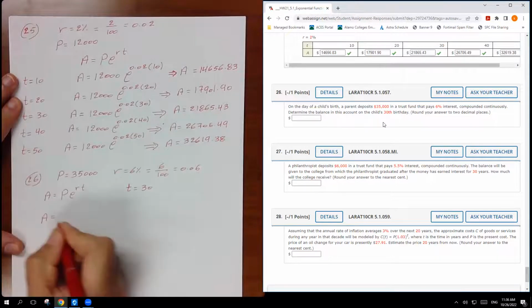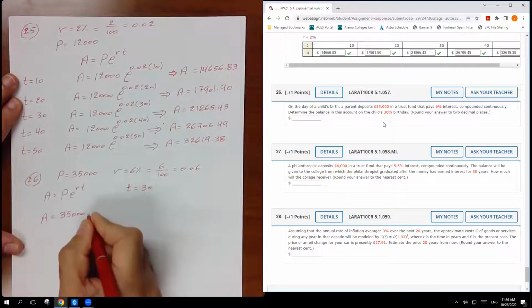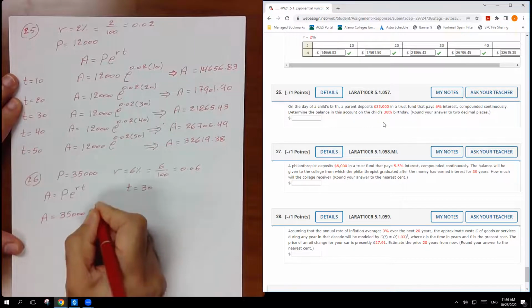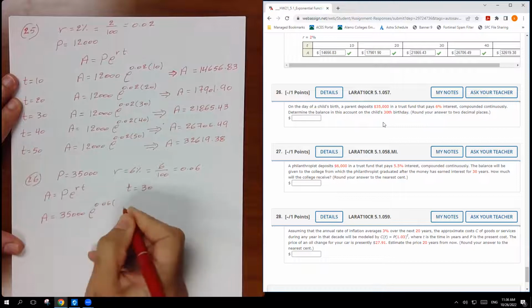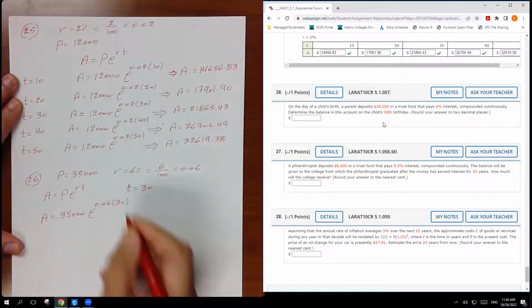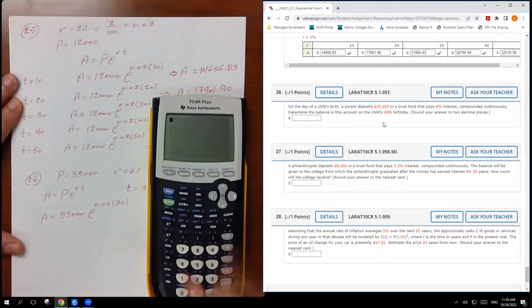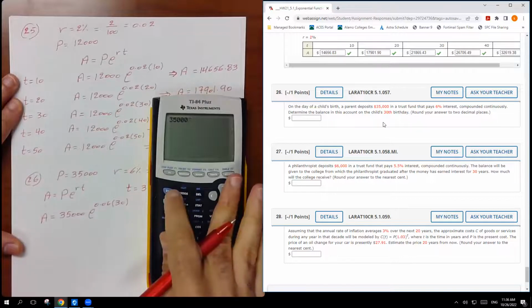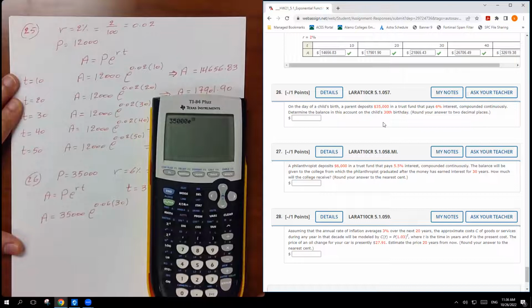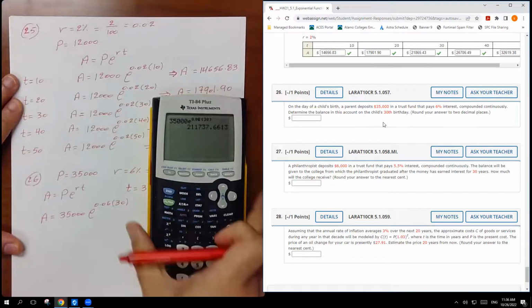A is going to be P, which is 35,000, e, the rate is 0.06 times the time is 30. Plug in everything here. So it's going to be 35,000 e to the 0.06 times 30. How much is the result going to be?